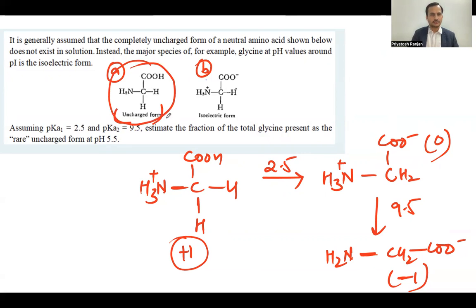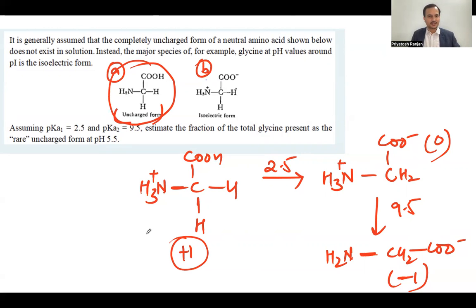I mean, to be very honest, this is a very, very rare species, because if you can see, the carboxyl group is in the protonated form, that should be fine. But at the same time, the H2N is in the deprotonated form. So indeed, it's a rare uncharged form. But anyways, since we need to calculate it, we'll do it for this question.